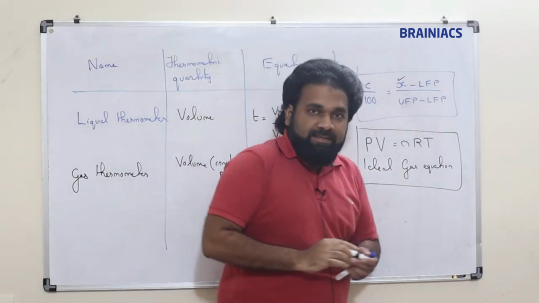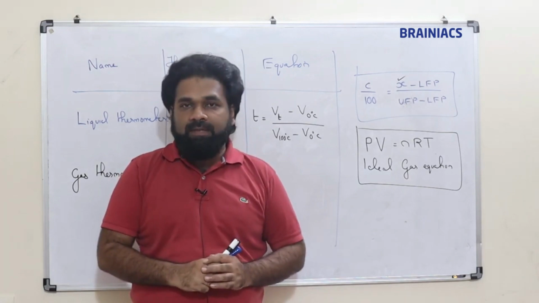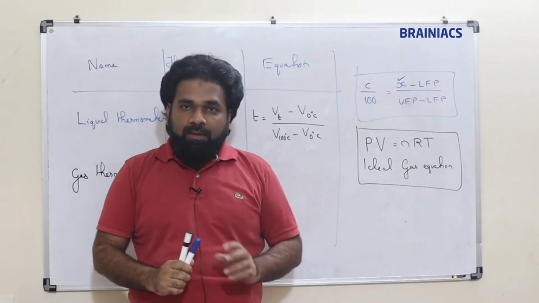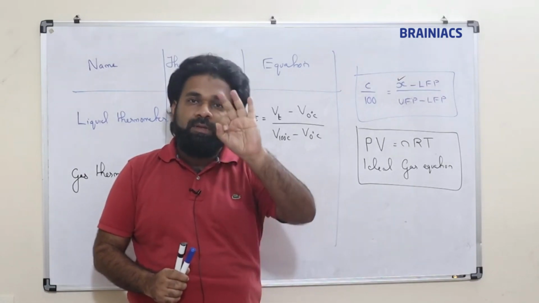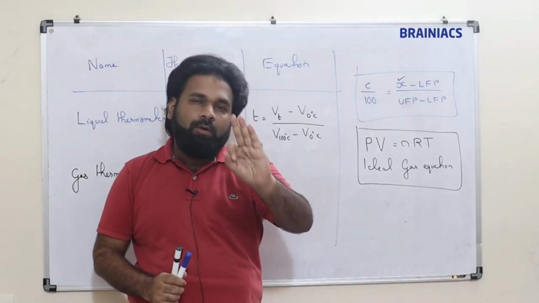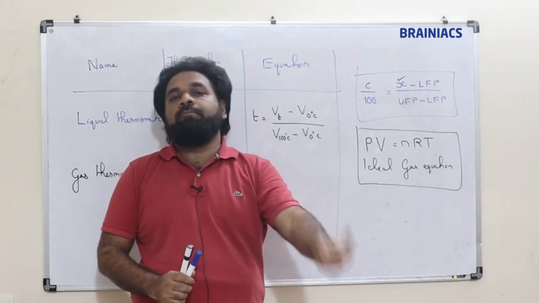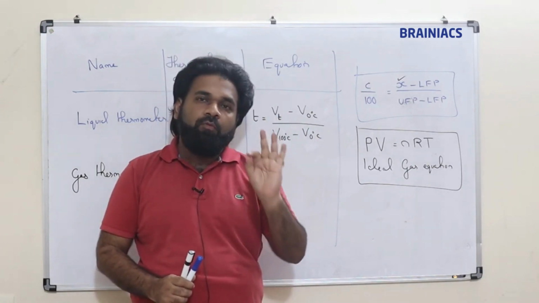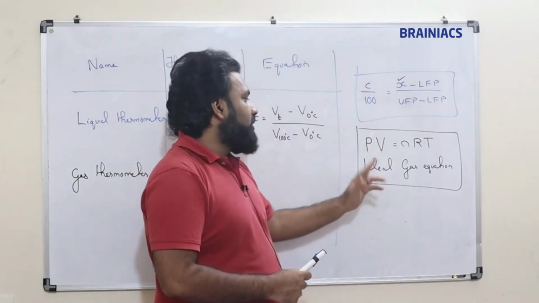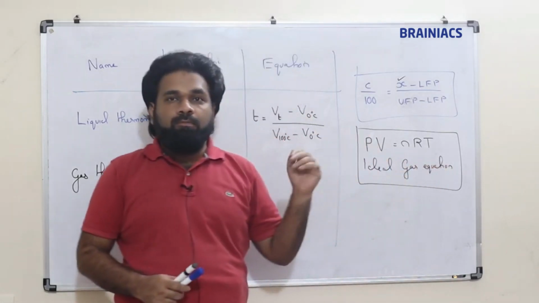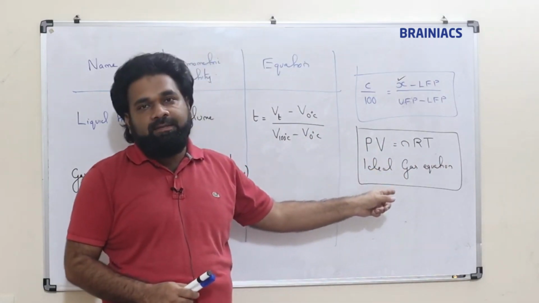So the state of a gas, or the condition of a gas, can be communicated or conveyed by using three physical quantities, or three variables. What are they? Pressure, volume and temperature. Okay, so this equation came from Boyle's law, Charles' law, all of them put together, and only then we got this ideal gas equation.